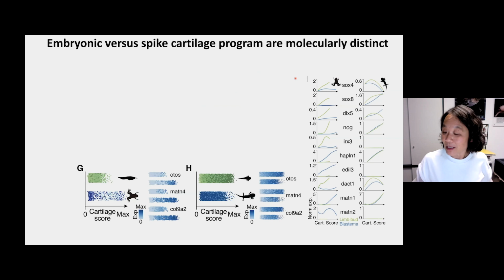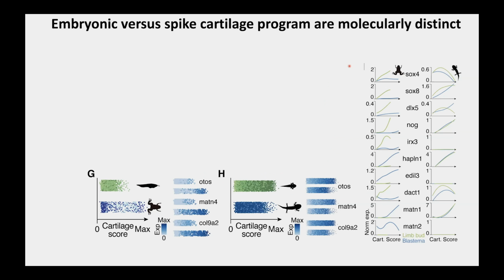And so, to look at this paradox that while the blastema cells cannot contribute to cartilage in the embryonic context, but do form cartilage in this adult abortive regenerative context, we looked at a spectrum of markers that are associated with cartilage development and formation. And then we asked, okay, how many of these factors and to what extent do these cells express these factors.